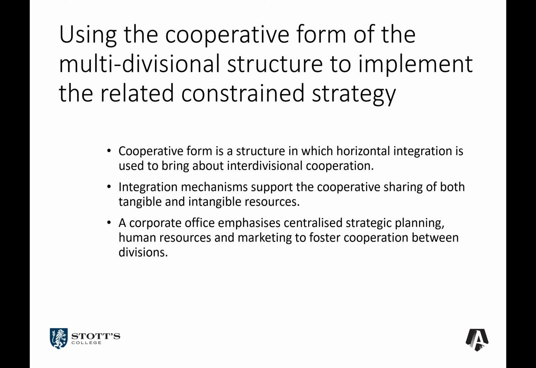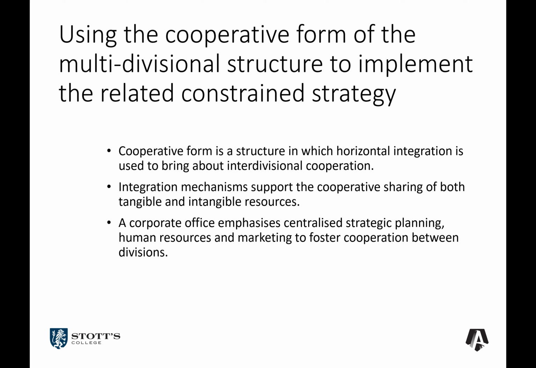The cooperative form is a structure in which horizontal integration is used to bring about interdivisional cooperation. So you have integration mechanisms to support cooperation and sharing of tangible and intangible resources between the different business units, the different businesses in the organisation.